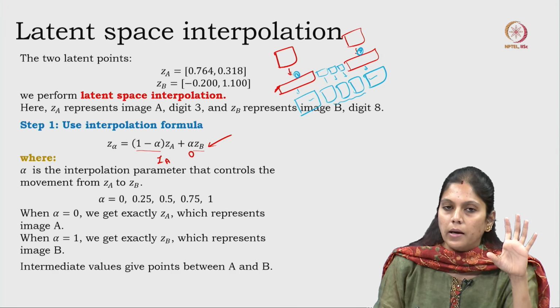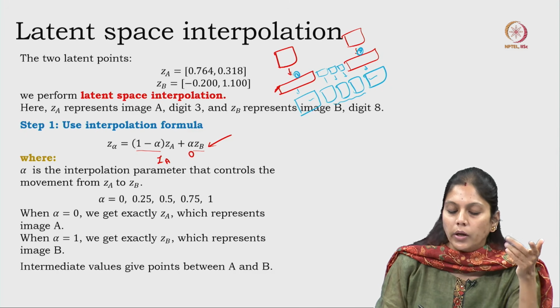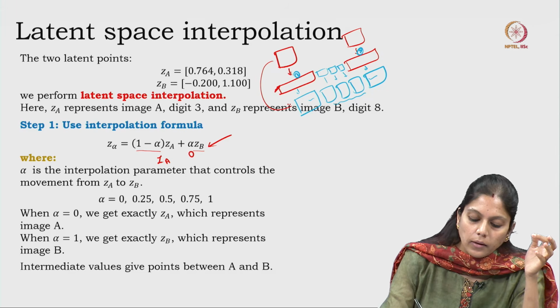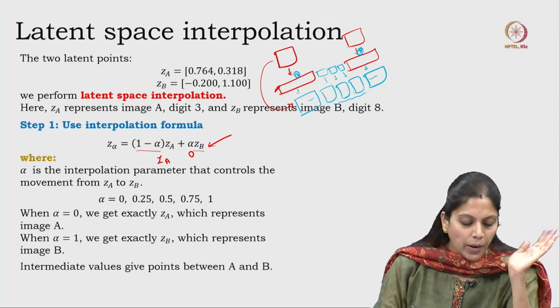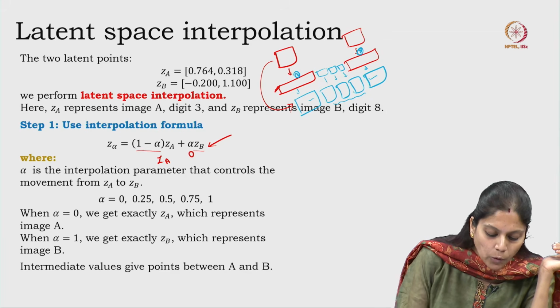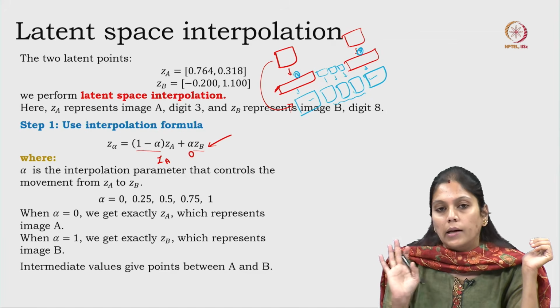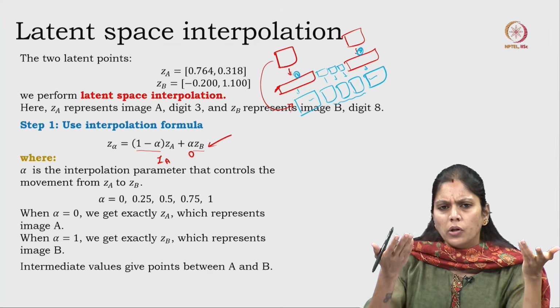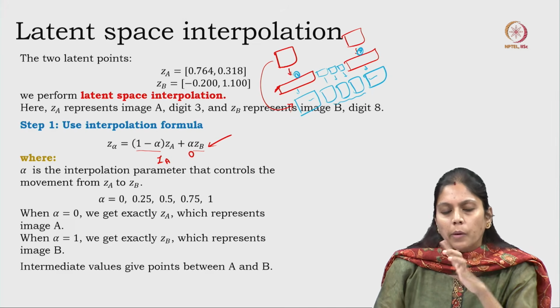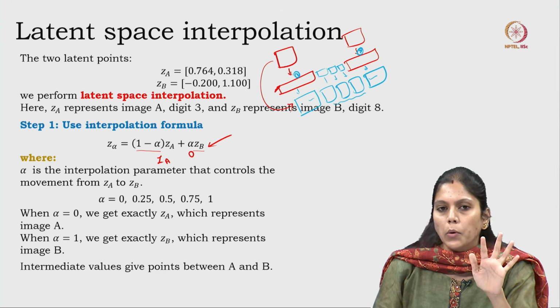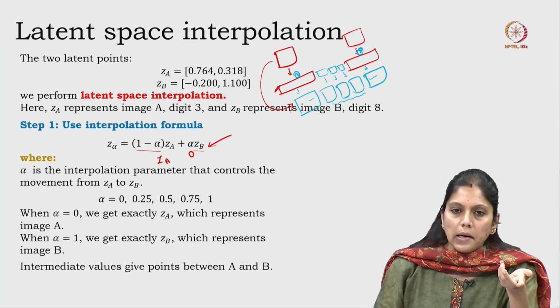When you pass this ZA latent representation to a decoder, you get the original input reconstructed. That is what happens when alpha is 0, we get exactly ZA. How? Just substitute the values back into that formula: 0 into something will be 0, 1 minus 0 is 1, and 1 into ZA is ZA.